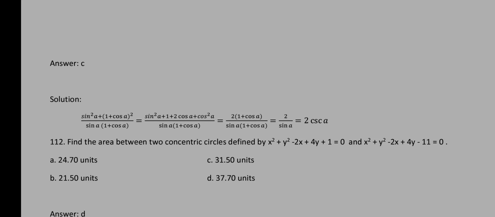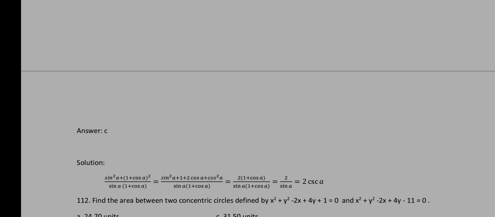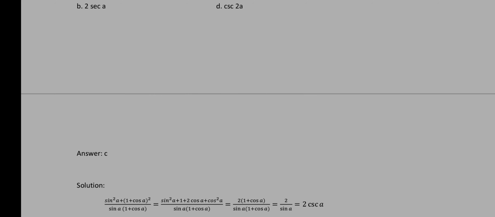So, magiging sin squared A plus quantity ng 1 plus cosine A squared. So, mag-apply ka dito ng trigonometric identities.